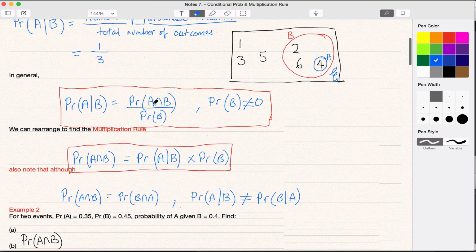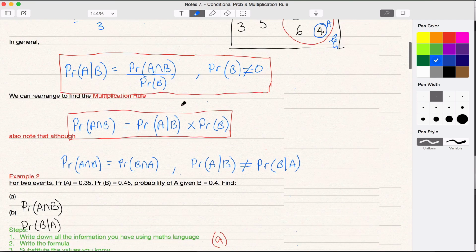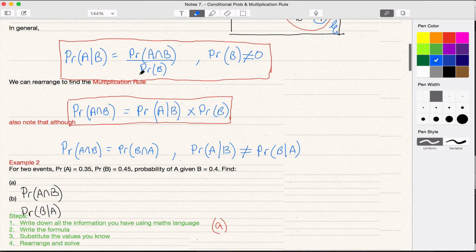We can rearrange this general formula for conditional probability to find the multiplication rule. All we do is multiply both sides by probability of B, and we get the probability of A intersect B is equal to probability of A given B times the probability of B. Now, when you are doing conditional probability, you really need to make sure that you do things in the right order.